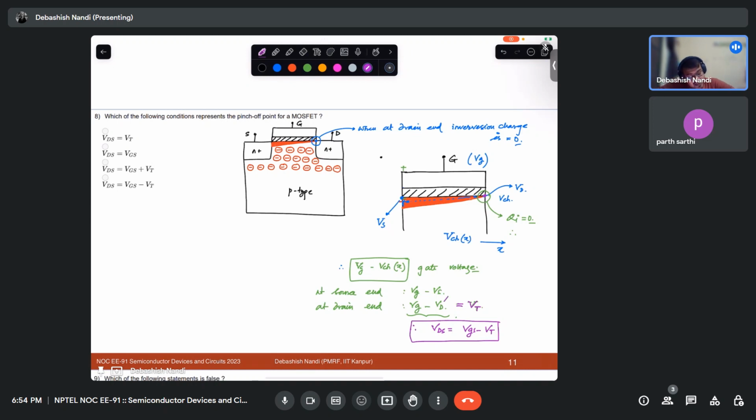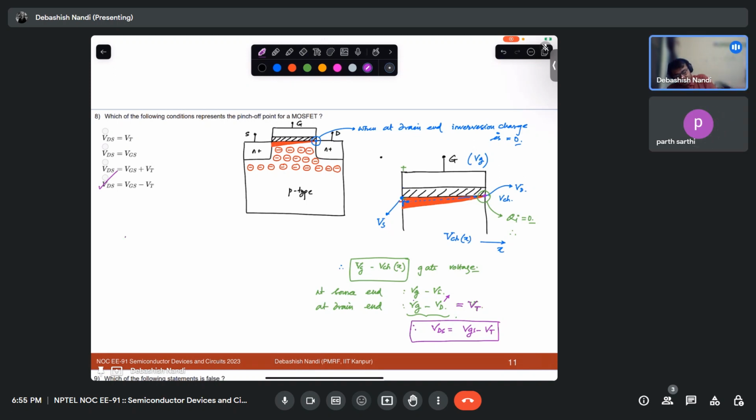So the effective Vg minus Vd starts to decrease, and at a point it becomes equal to the threshold voltage. Then the channel just touches the drain. That is called pinch-off. So this option would be right, is it not?